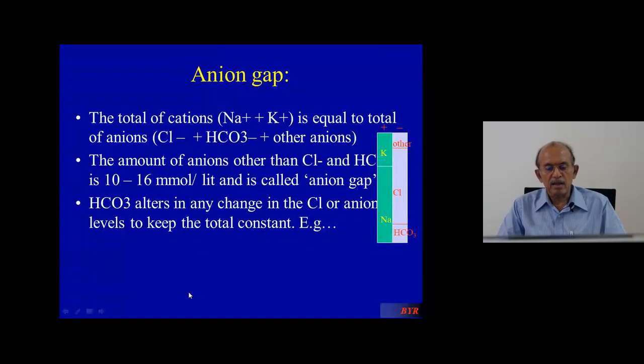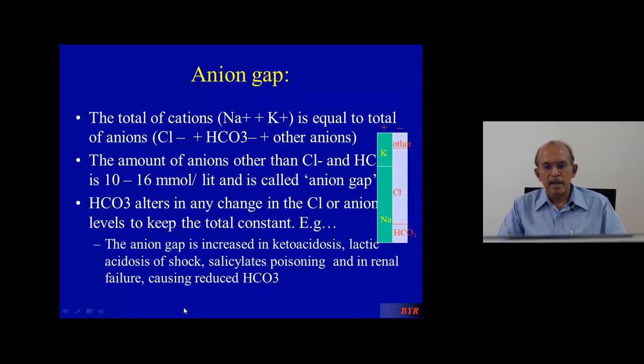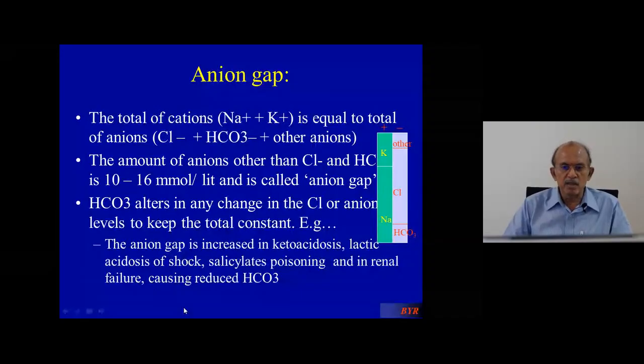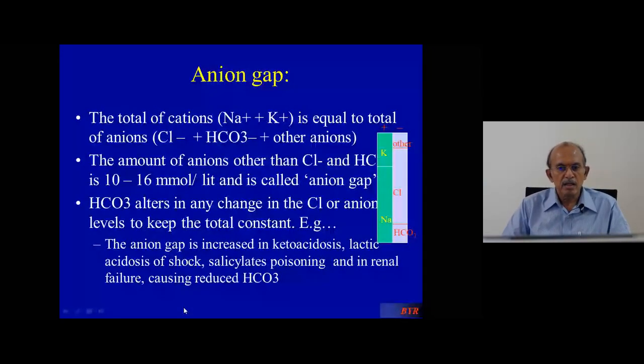Bicarbonate alters with any change in the chlorides or other anion level to keep the total level constant. The anion gap is increased in ketoacidosis, lactic acidosis of shock, salicylate poisoning, and in renal failure, causing reduced bicarbonate. That means the others will increase here.